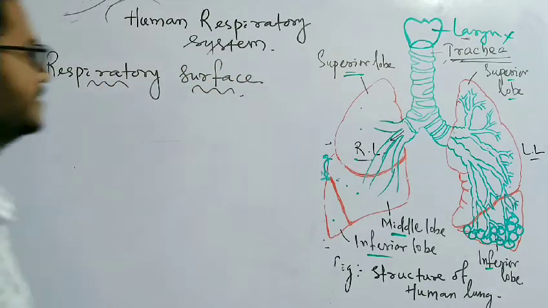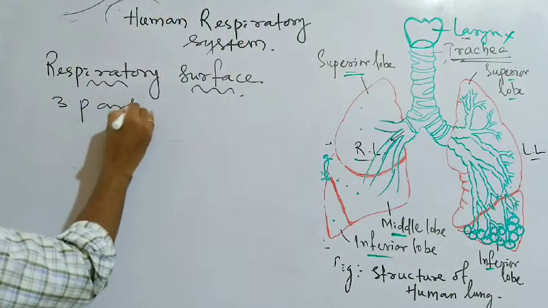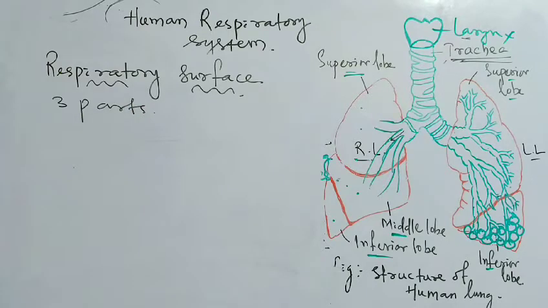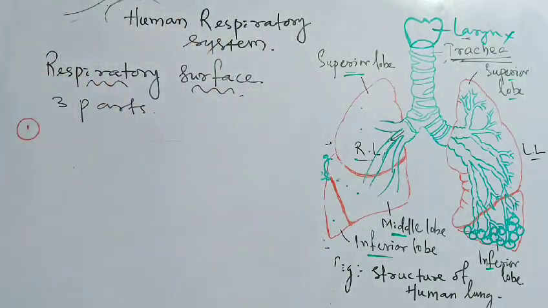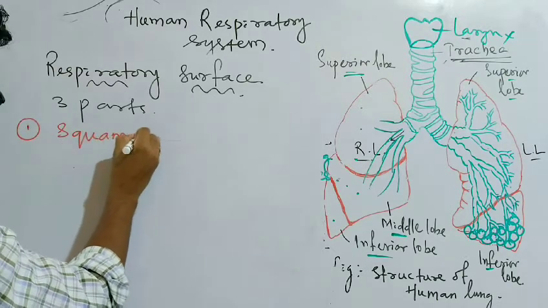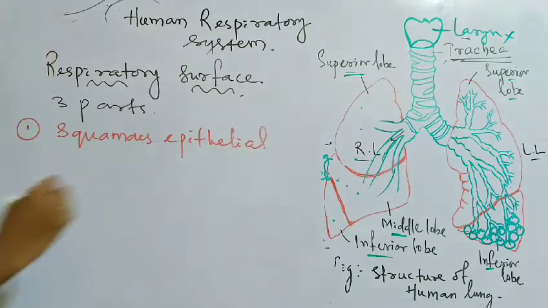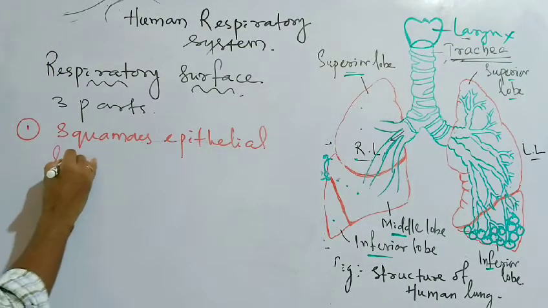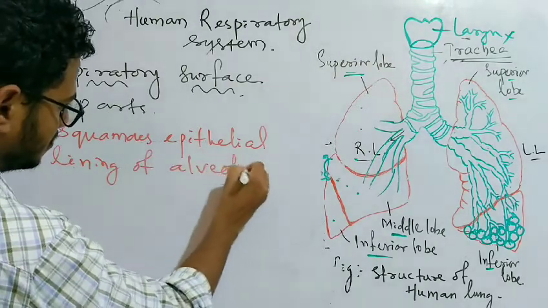The respiratory surface is made up of three important parts. What are the three important parts? Number one, the first important part is the wall of the alveoli, which is lined with squamous epithelial cells.